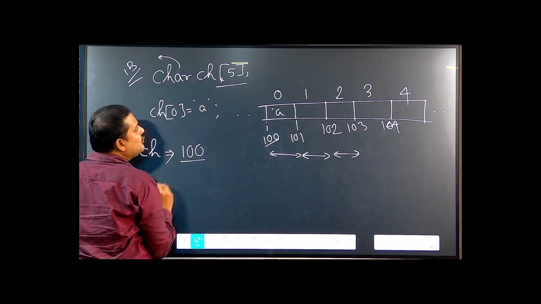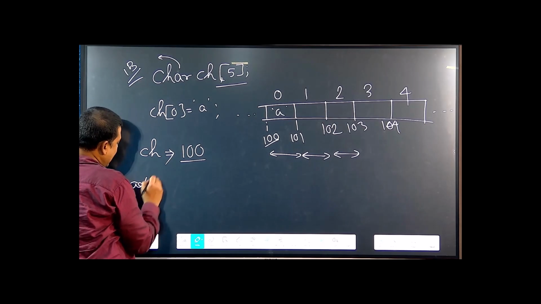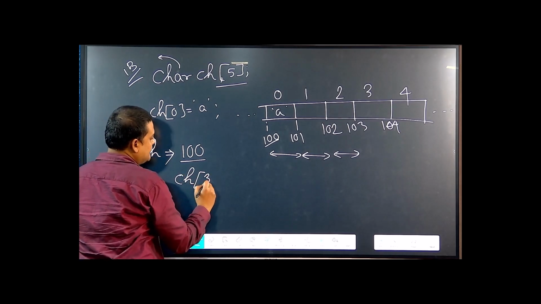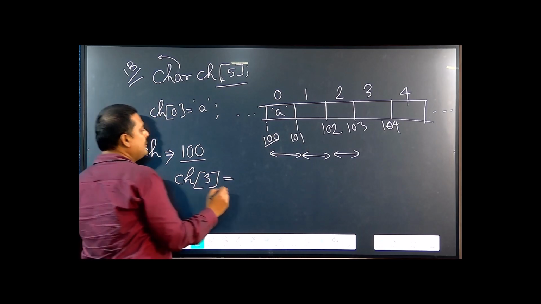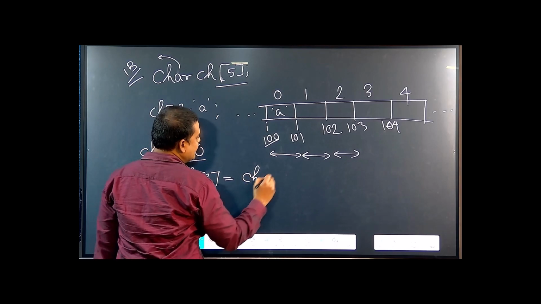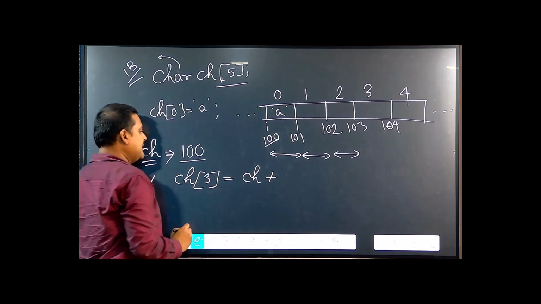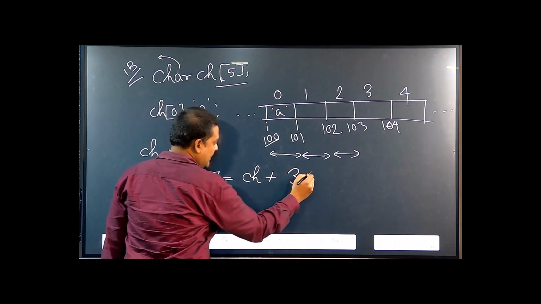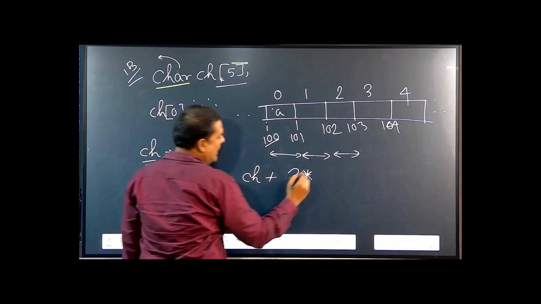Now, if I want to know the address of ch of 3, how will we know? We will know with the help of ch plus 3. ch is the base address plus the value 3 into 1, since each character occupies 1 byte of memory.